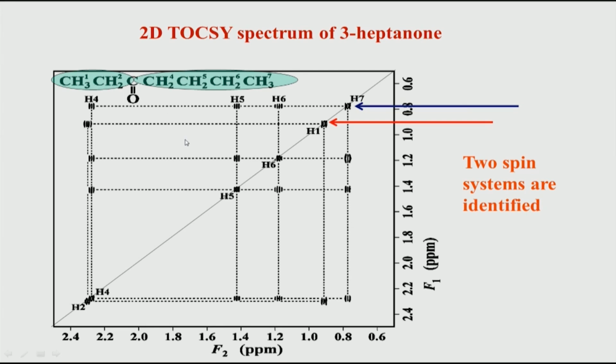This is very important when it comes to amino acids in proteins and peptides. There, each amino acid we call a spin system. In an amino acid you have alpha, beta, gamma, delta carbons. Within one amino acid there is coupling to each other, but there is no coupling between 2 amino acids in a peptide in a TOCSY experiment.